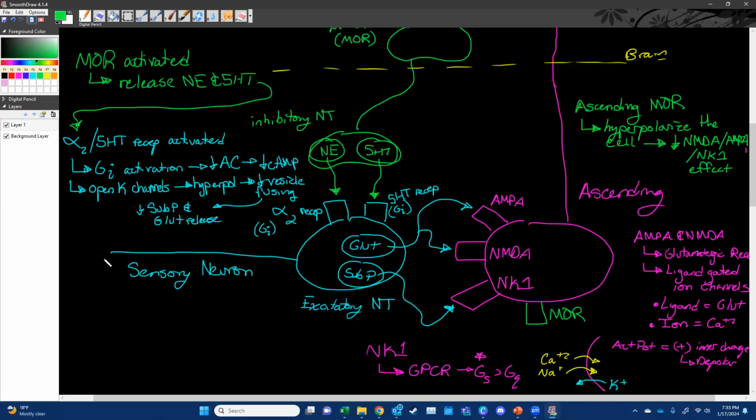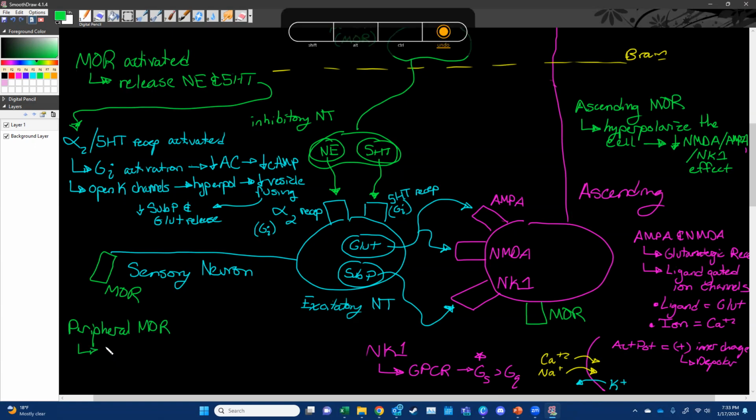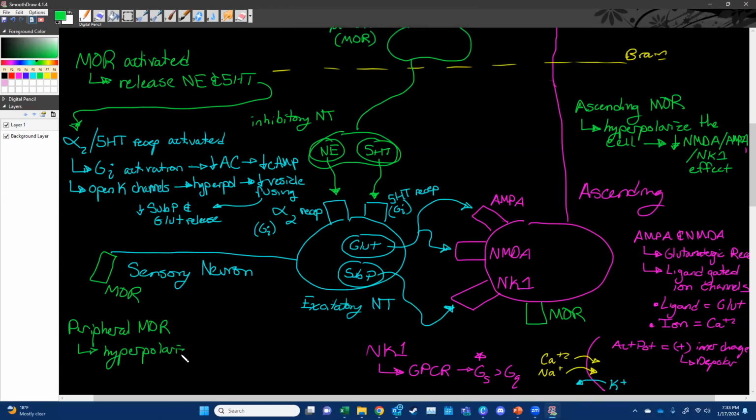Likewise, at the location where the pain happened, so in the periphery itself, we also have mu opioid receptors. And so what the peripheral mu opioid receptors are doing is hyperpolarizing the sensory neuron, which is going to decrease the pain stimulus.